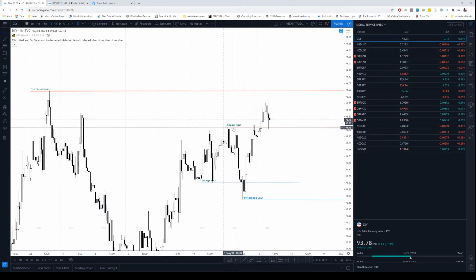If you remember, on Monday I did mention when price was up here that I would like them to take out Friday's high, and then send it back down to run this low. For some reason, I don't know if it was my platform, they left equal lows there, and then yesterday raided it and came all the way back up again, which is exactly what I wanted to see.